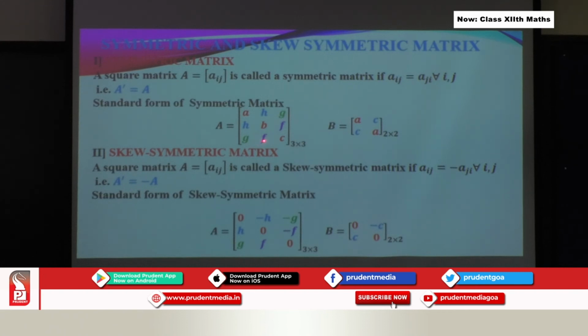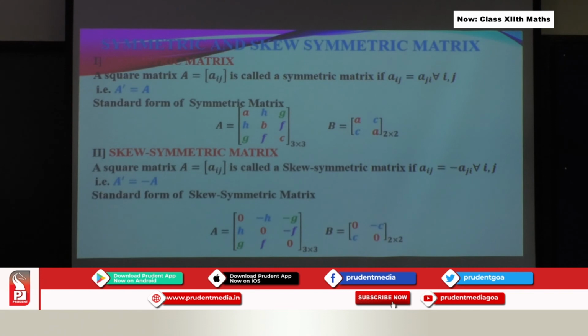Then you have F and F, this is your A23, and A23 is supposed to be equal to A32. If you get this kind of pattern in a matrix from direct observation, you can say the given matrix is a symmetric matrix. You don't have to take the transpose.